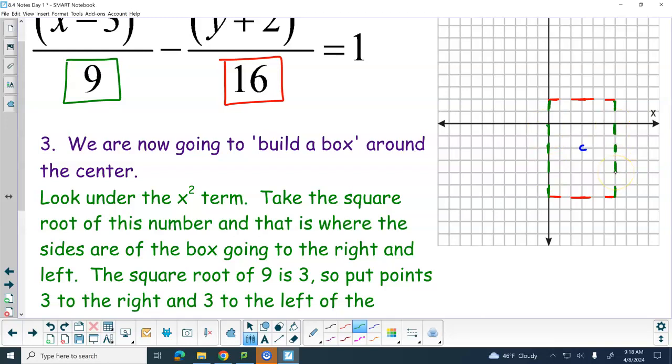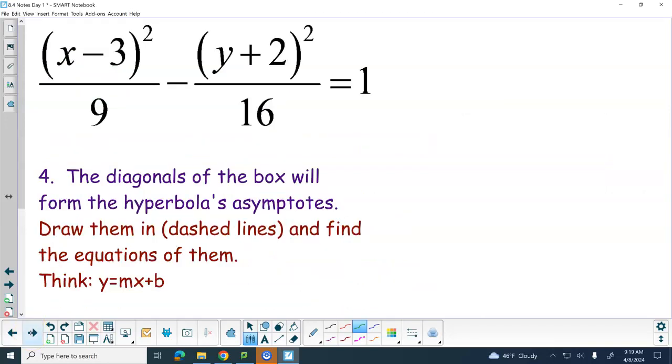Okay. So you've got a box now on your graph. Everybody with me so far? Okay. Now, the next part, step number 4, is really important.